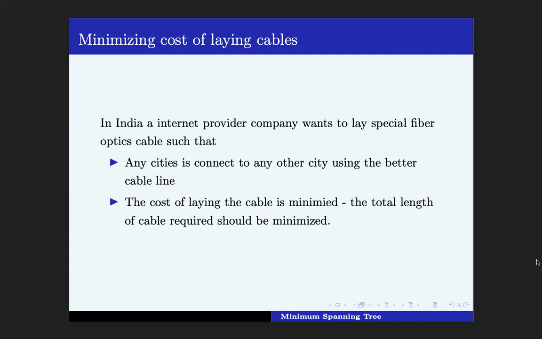Now, you can imagine this problem has been solved regularly over the years, for laying down electricity connections or coming up with different routes to ensure that people are getting connected.